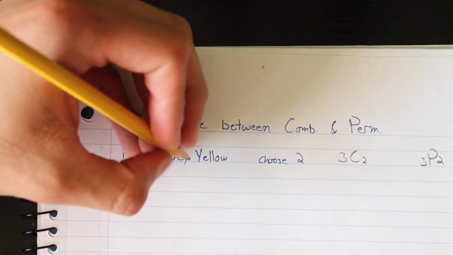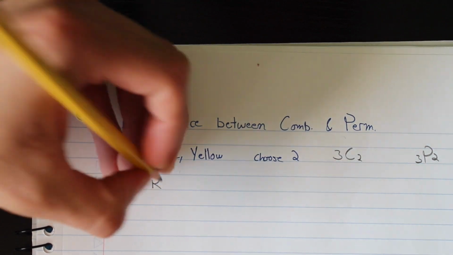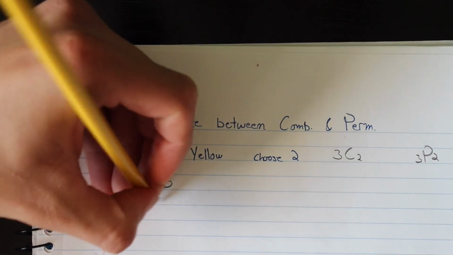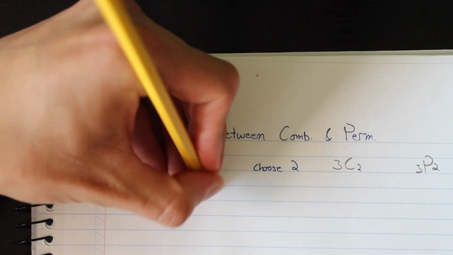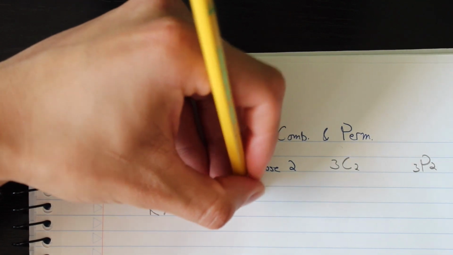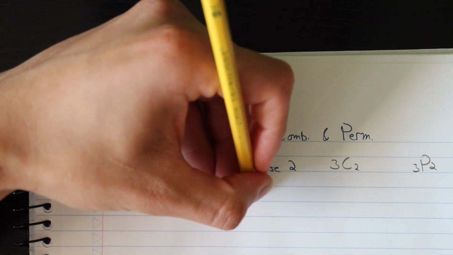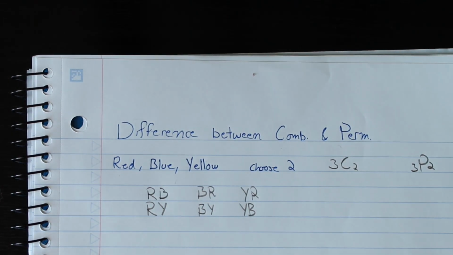So we want a group that we can choose with 2. So we're going to write red, blue, red, yellow, and blue, red, blue, yellow, yellow, red, and yellow, blue, okay?